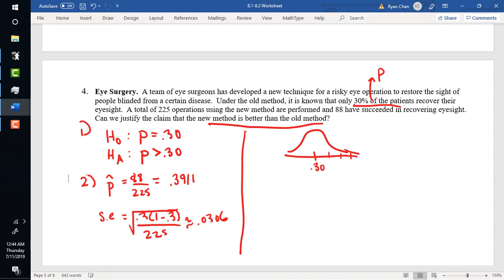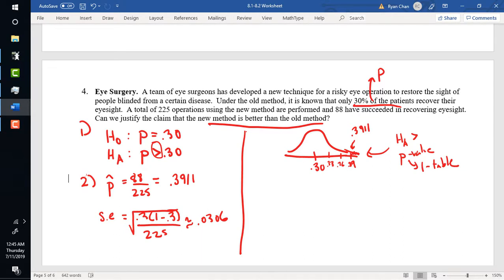I'm going to do a rough approximation, so this is like 0.33, 0.36, 0.39, because I'm going up by 0.0306. Remember, every single time I go up and down, I'm adding or subtracting 3% in this case. So 0.39 is here, like 0.3911, and I'm going to the right because my alternate is greater than. It also means my p-value is going to be 1 minus the table value if I'm doing this by hand.